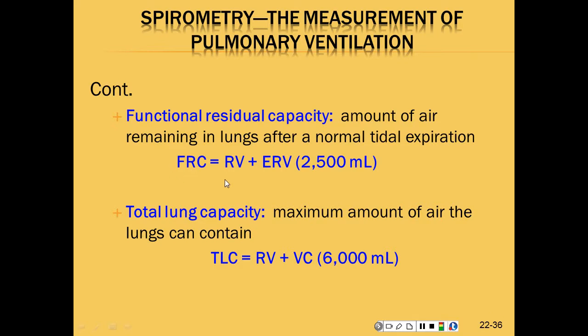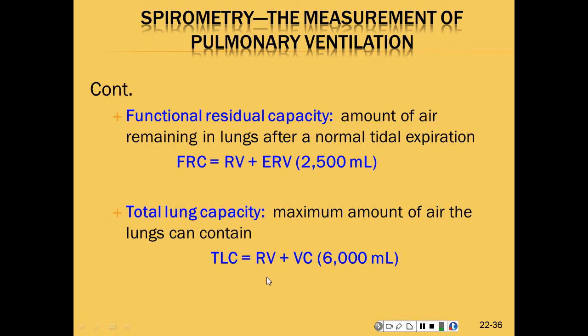That is the amount of air remaining in your lungs after a normal tidal volume. So they're going to do a tidal expiration. So you exhale, and they're going to measure how much you have left back, as well as the normal, which should be 2,500 milliliters. Then we have our total lung capacity, which is our RV plus our RC.